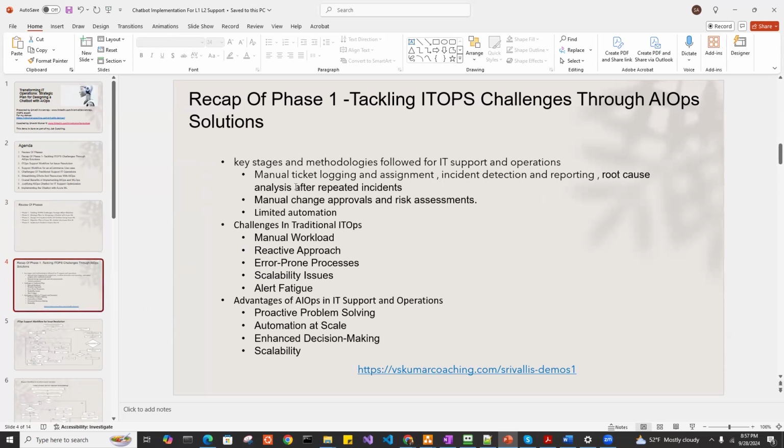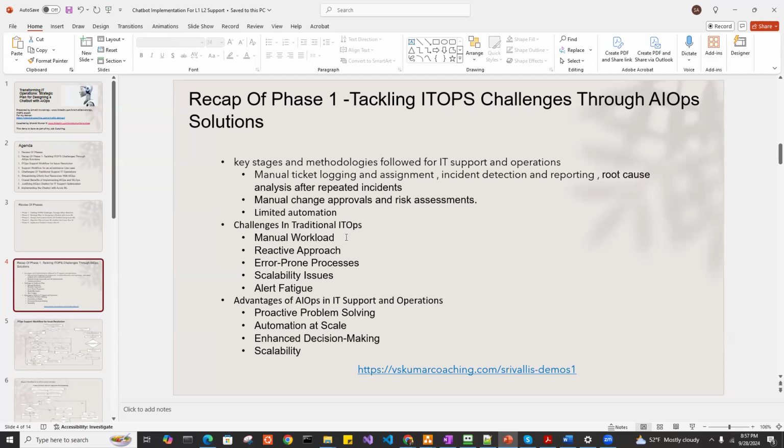First, a recap of phase one, tackling IT ops challenges through AI ops solutions. We talked about the key stages and methodologies followed for IT support and operations. In the traditional methodology, most of the tasks were manual: ticket logging and assignment, incident detection and reporting, root cause analysis after repeated incidents, manual change approvals and risk assessments, and limited automation.